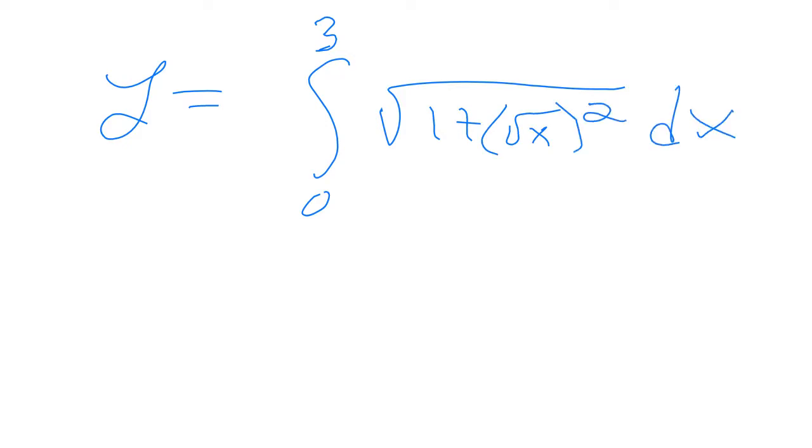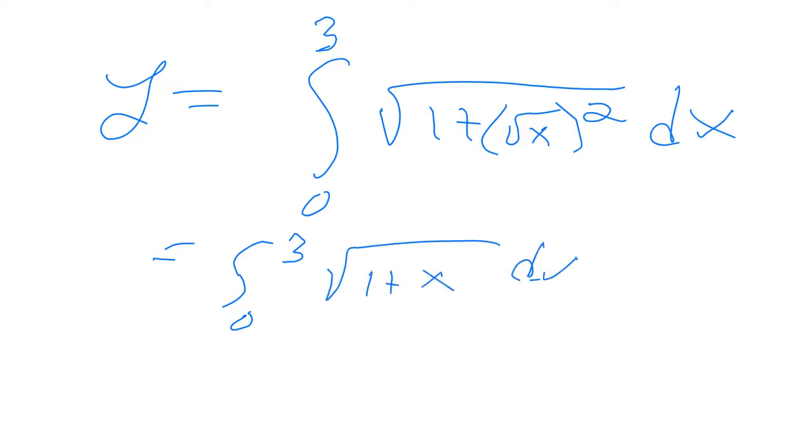And then dx. So what's this equal? Definite integral from 0 to 3 of the square root of 1 plus x dx. Oh my. What are we going to do here? Do you remember?